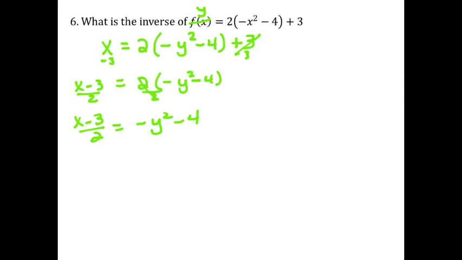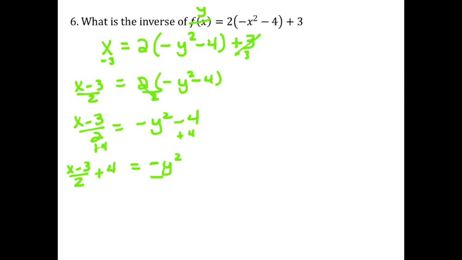Next step, we should add 4 to both sides. Now be careful here. I'm adding that 4 to everything that we have already, equal to negative y squared. Now at this point you may be thinking, well, it's time to square root both sides, but I still have that negative in the front and I really need to get rid of that before we square root.